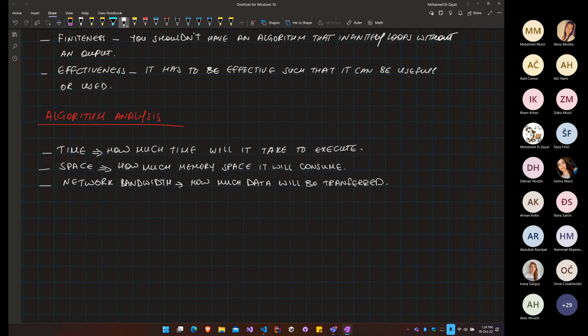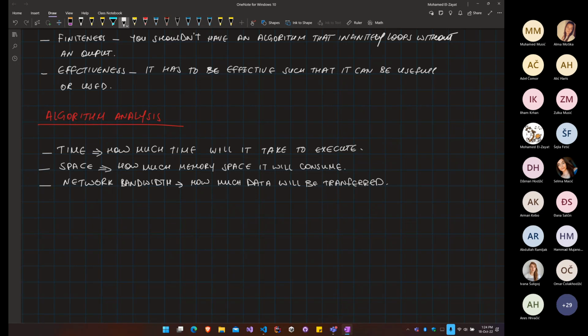Also, network bandwidth, you can think of it as if you are doing AI research. For example, Ilhan was doing AI research in the classrooms, I think last year or the year before, and he was running neural network training over a network of PCs. He had a problem where the algorithm was quite slow at a certain point in time because of the bandwidth of the network.